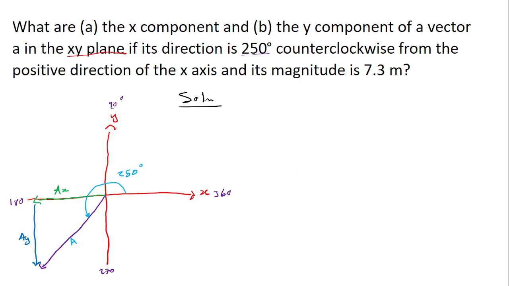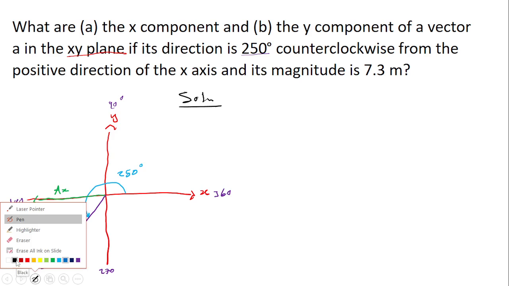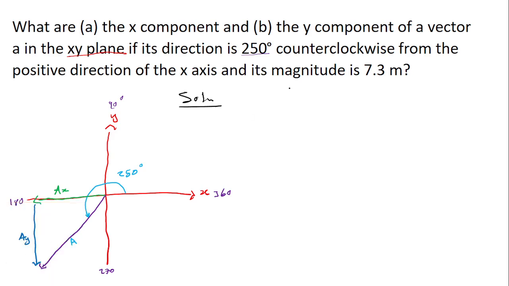This is more like a free body diagram, and it will guide you on what to use and what you are trying to consider. After analyzing this question, we can go to our solution. We can look for ax, which is the x component of this particular vector.